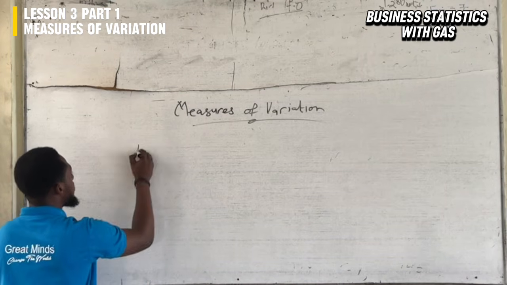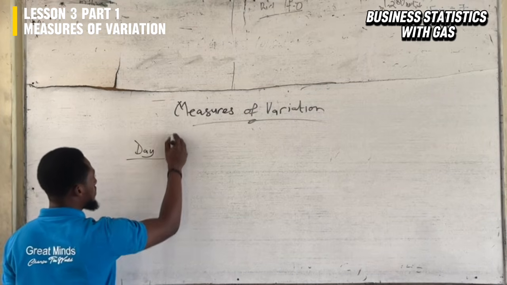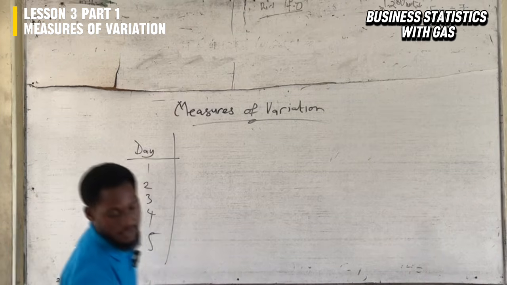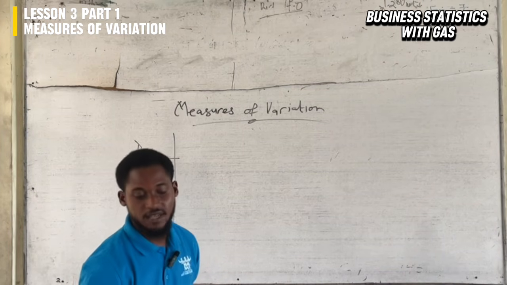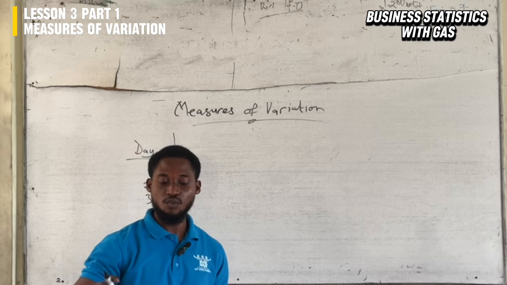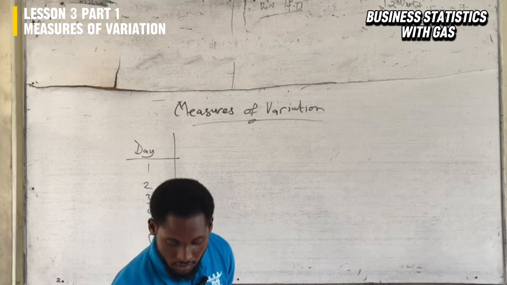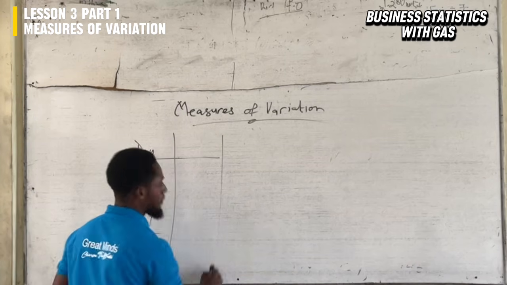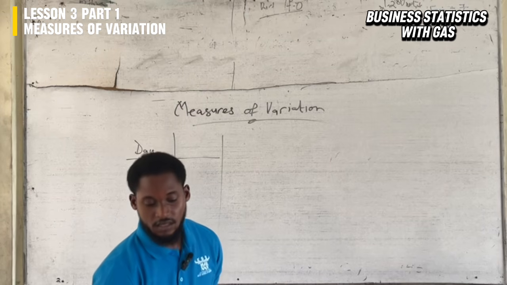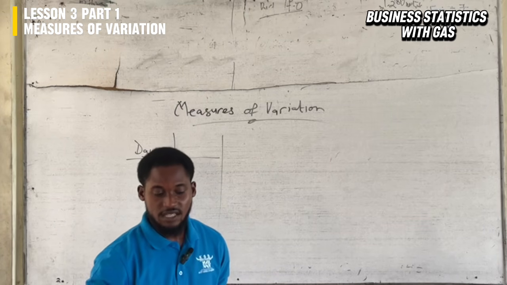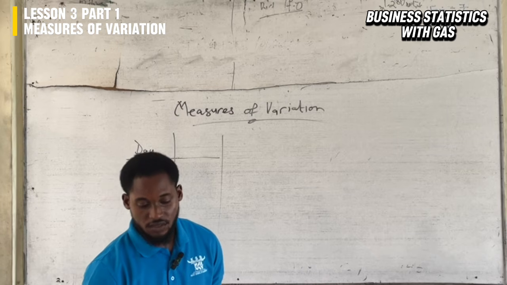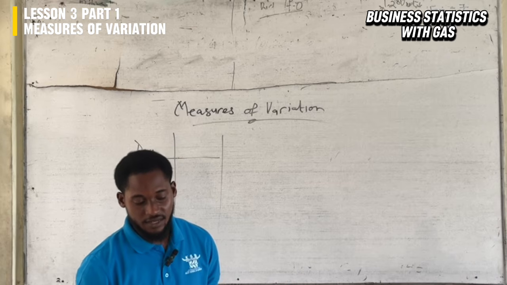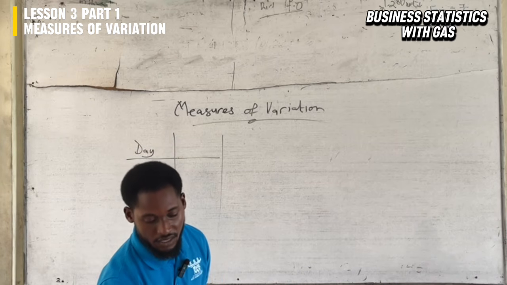With the days, it gave you 1, 2, 3, 4, 5. The number of patients seen in the emergency room for a sample of 5 days is 103, 97, 101, 106, and 103.